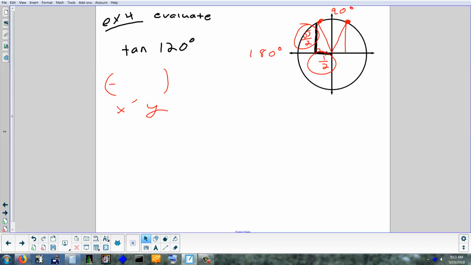So what are we going to put for the x? Negative 1/2. And the y? Square root 3 over 2. If you take away the negative, now you've got the 60. It's just the same thing. Okay, and now they want the tangent. Christian, what's my formula for tangent? Isn't it y over x? Y divided by x. And what's going to happen there?